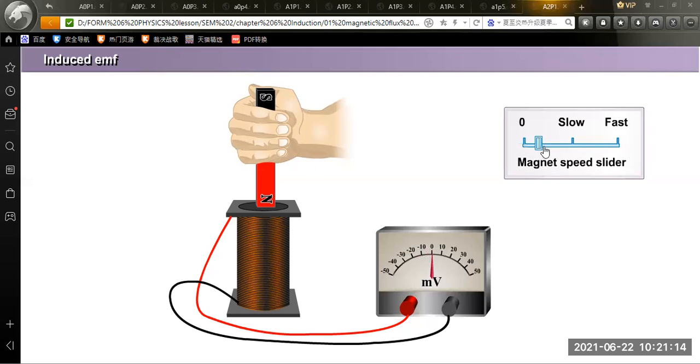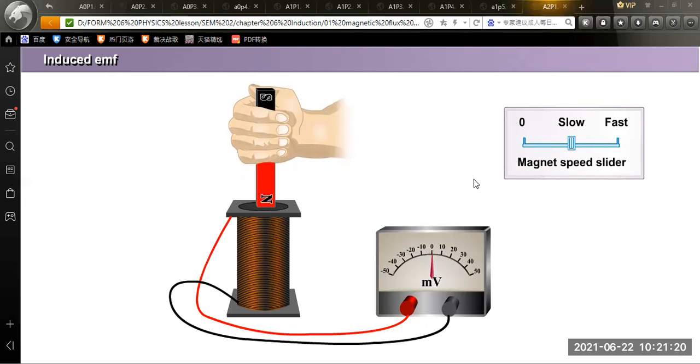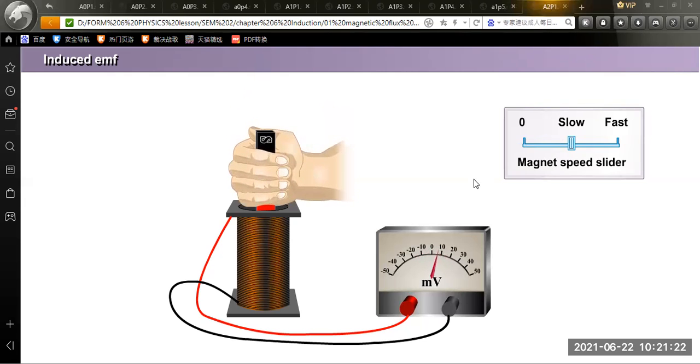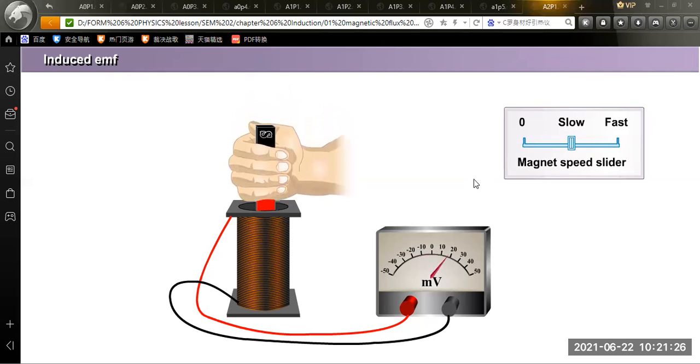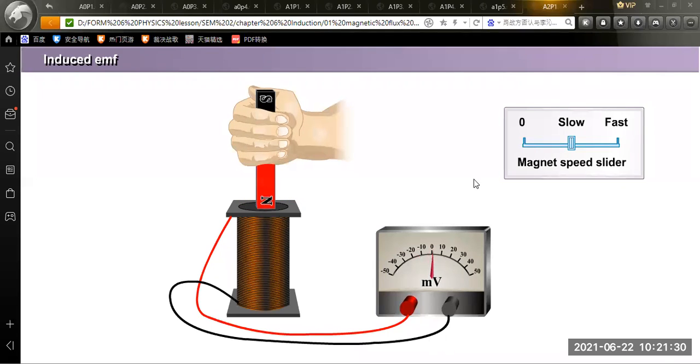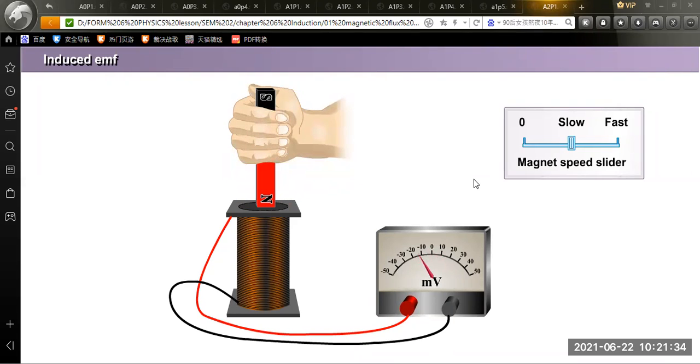What will happen if we move slowly? Observe the minimum and maximum: maximum left side, maximum right side. So it will be -20 and +20, right?